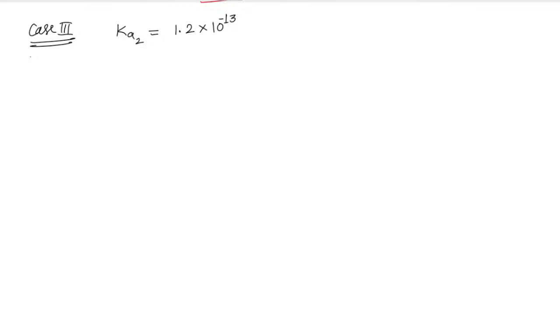Keep in mind, higher ionization constants are always less than the lower ones. Ka1 is 9.1 into 10 raised to power minus 8, and Ka2 is 1.2 into 10 raised to power minus 13. When H2S is neutral, H plus removal is easier, but from HS negative it is difficult to remove a positive ion from a negative ion. So the dissociation constant goes on decreasing.